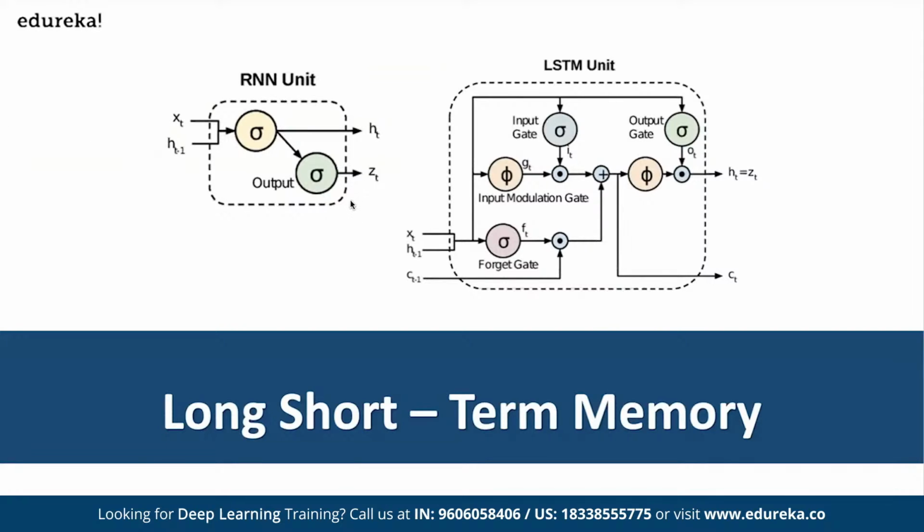In the case of RNN, I'll be sending my input of the current timestamp along with the hidden layer output from the previous timestamp, which is mentioned as HT-1. Using this, I'll be generating the hidden state, and then we'll pass it to the output layer to generate the output of that individual recurrent neuron.